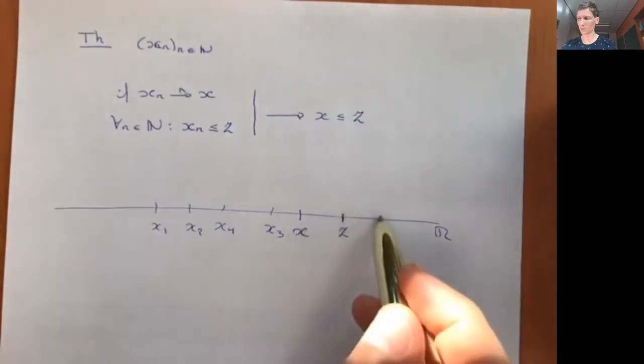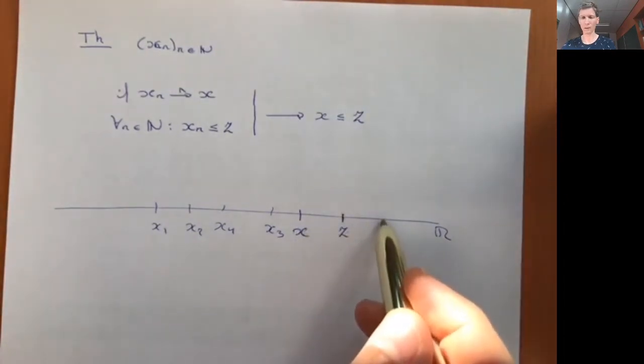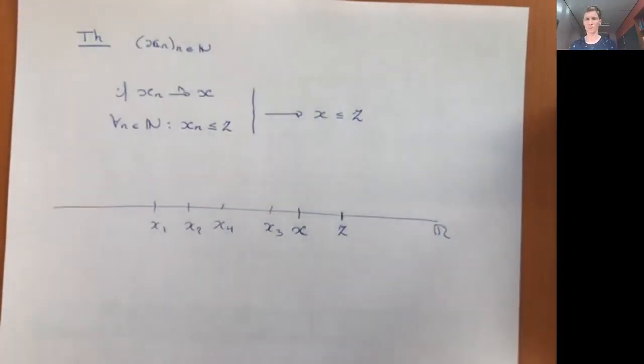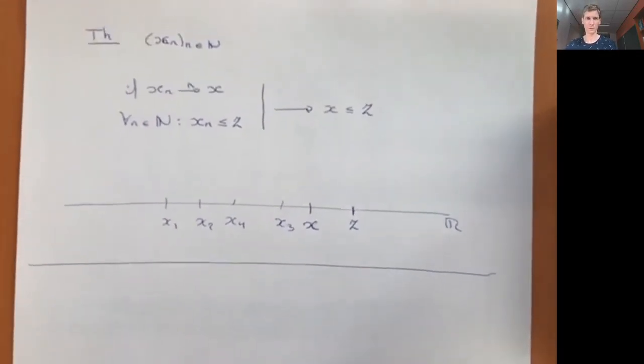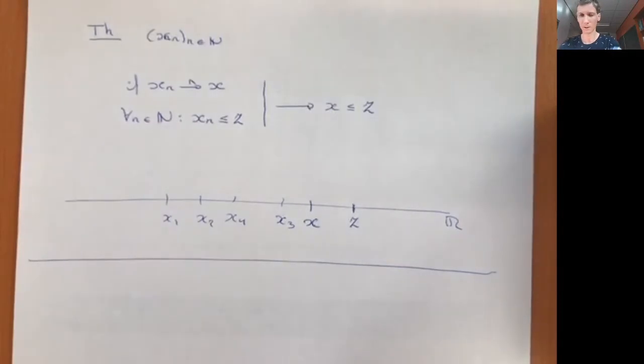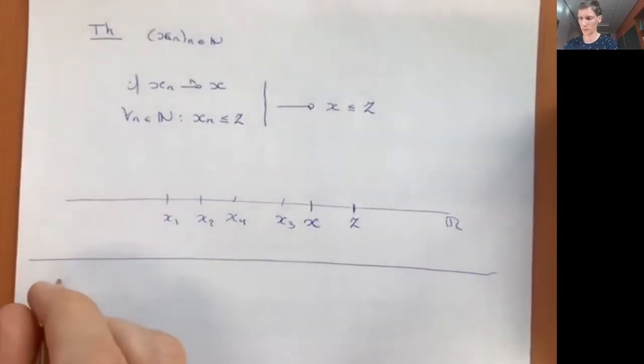So the sequence cannot jump to something that's above z in the limit. This is a very handy theorem that you will use several times in this course, which is why I would like you to know it, and we're going to prove it.